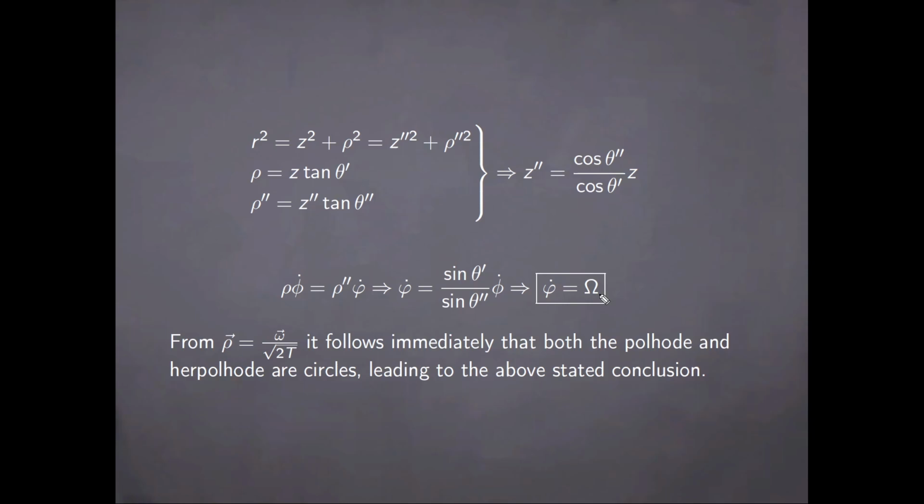So it's the precession rate that we have shown earlier to be valid for the intrinsic motion of the angular velocity of the rigid body.